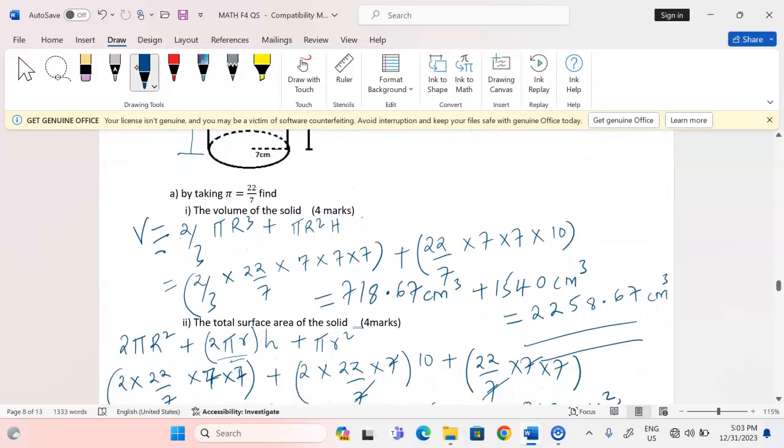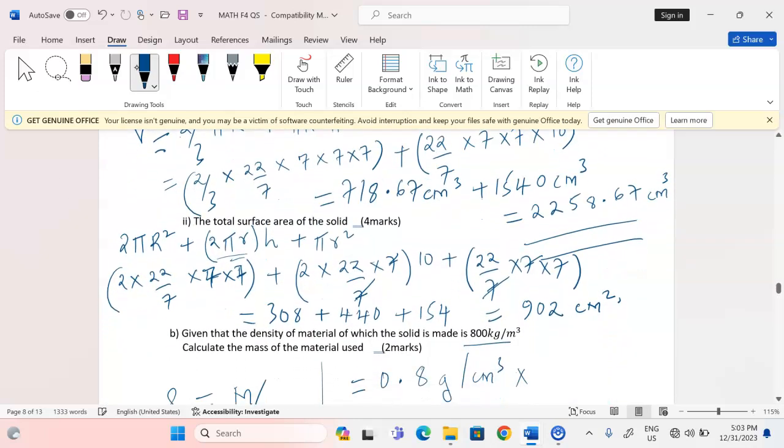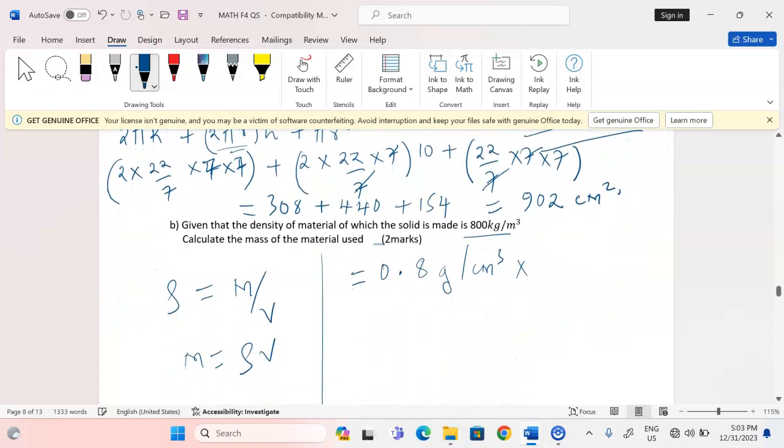The volume is 2258.67. Actually, I can use the whole figure, which is 2258 and 2/3 to multiply.